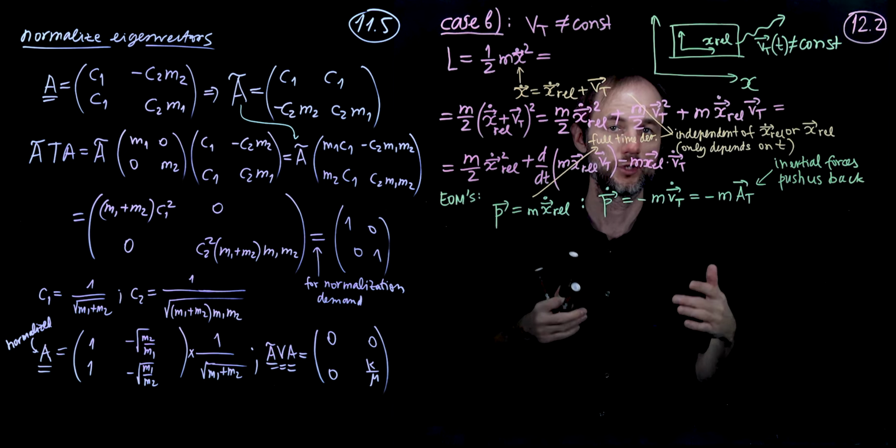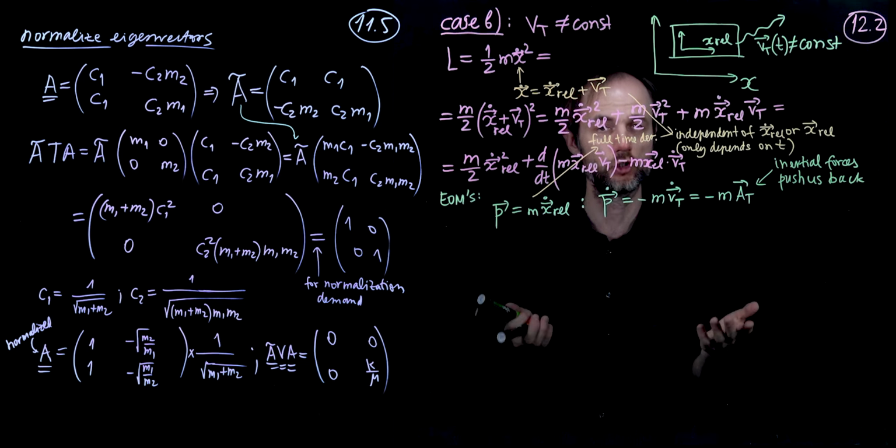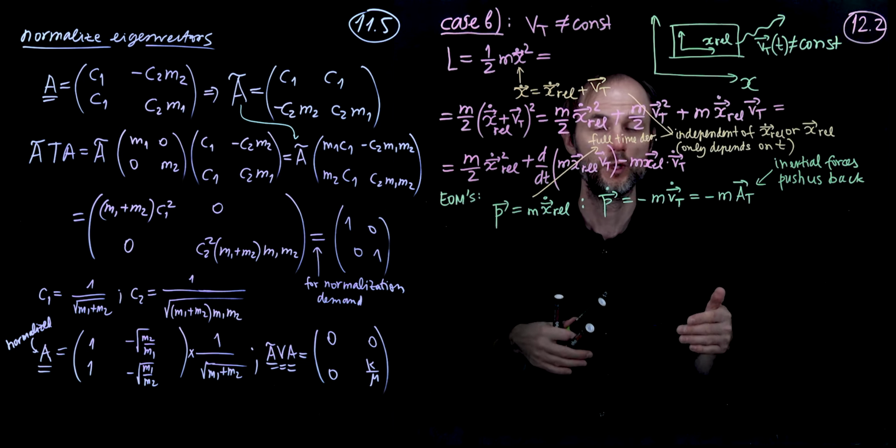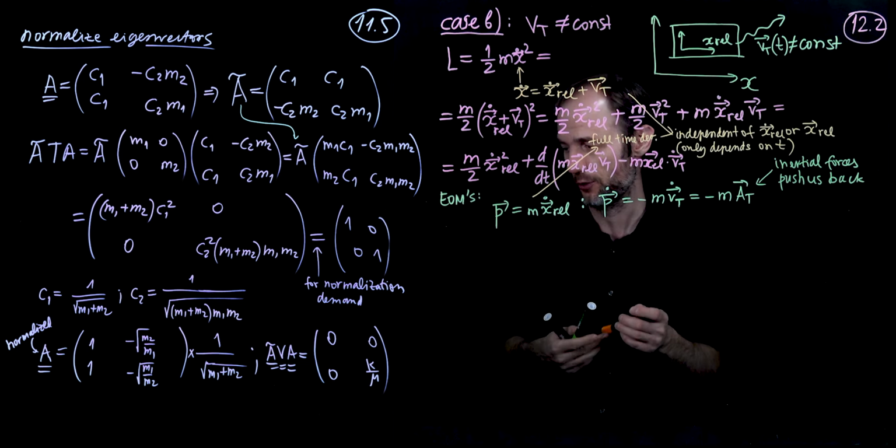This is precisely the force that swings us side to side when the train turns, or pushes us forward or backward when the train stops or accelerates.